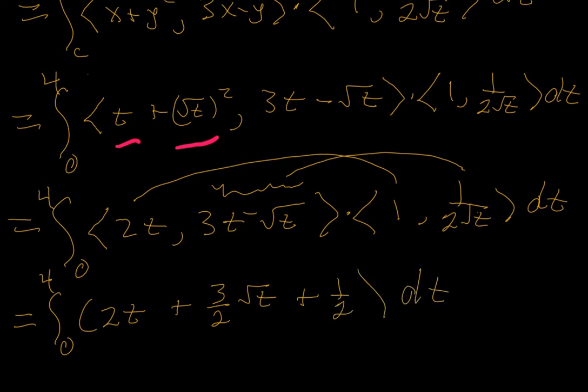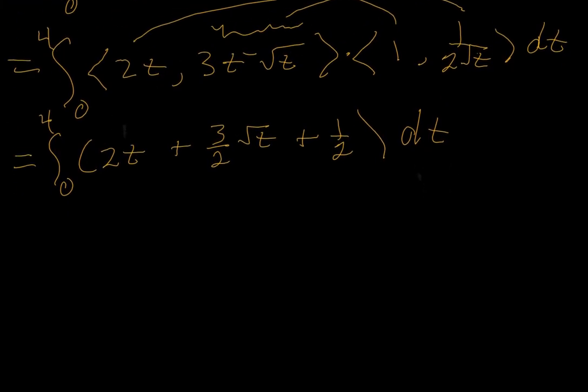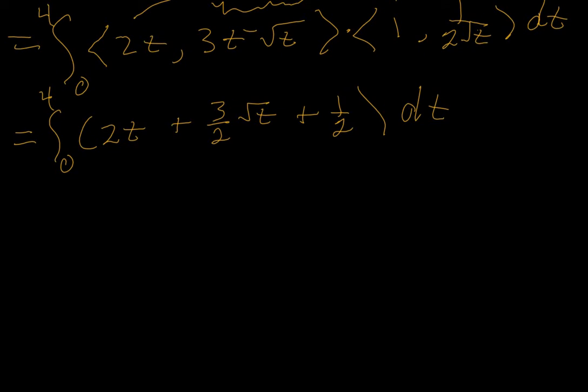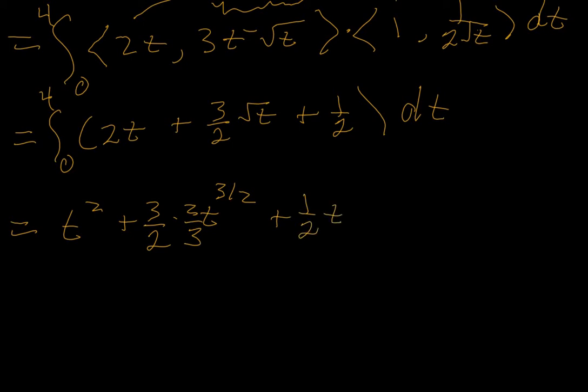So each of these terms can be evaluated with just power rule. And let's see if I can do this without making any giant errors. So this antiderivative is going to be t squared plus 3/2 t to the 3/2 multiplied by 2/3, plus 1/2 t, and the boundaries 0 to 4 for this antiderivative.